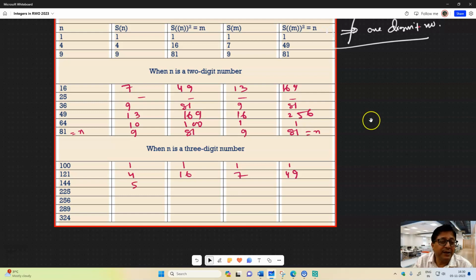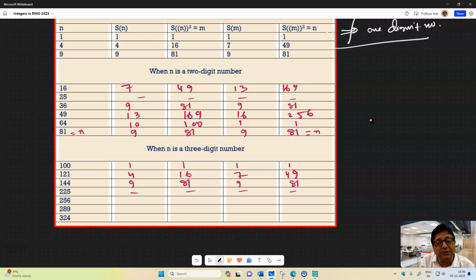If it is 441, that is 9, 81. If it is 2 to 5, then 5 to 7, 9. Again the same situation.